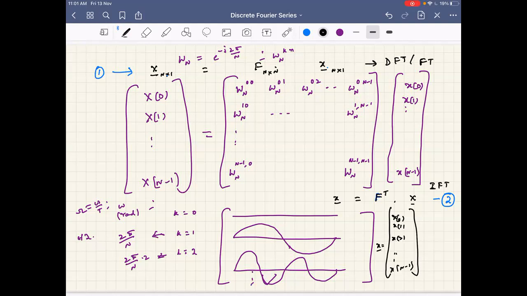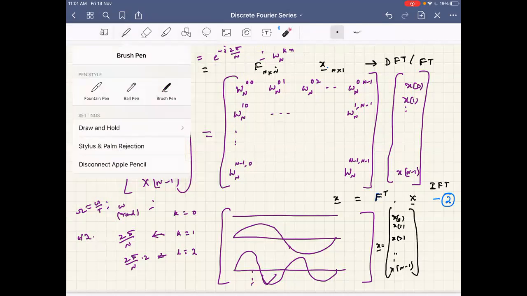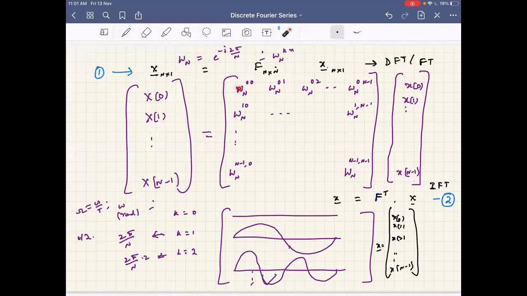Here, this is the time domain sequence. This is the complex exponential basis function with 0 frequency, this is the first frequency, and so on with increasing frequencies. When you extract the DC component, you multiply with the first basis function of 0 frequency.